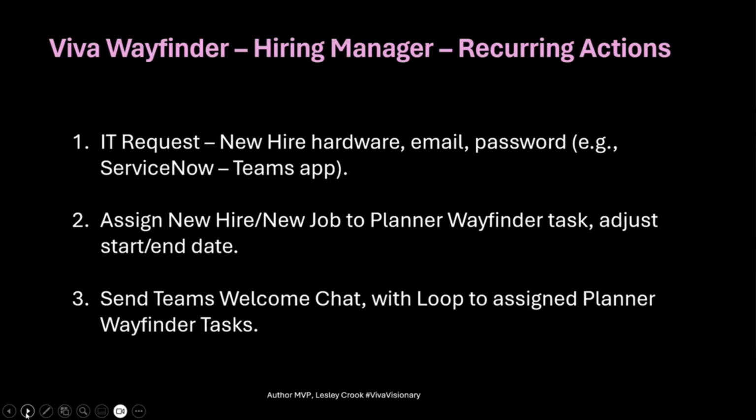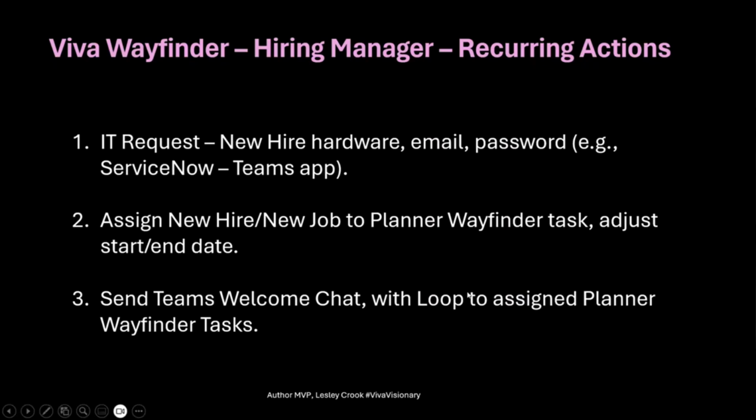So from a hiring manager's recurring actions point of view, this simple new hire process is basically 3 steps, because this might be for a retail business bringing in new hires for seasonal work or short-term work. This is for a person that might be going again and again to bring in new people.